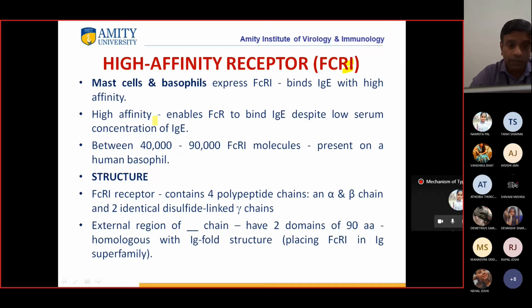And there are around 40,000 to 90,000 FcR1 molecules present on a human basophil. So students, just imagine, a small basophil, and on it there are almost 90,000 receptors for this IgE. So you can just imagine how many receptors are present on that one small cell, right? So I'm not going to discuss the structure because we have already seen the structure.